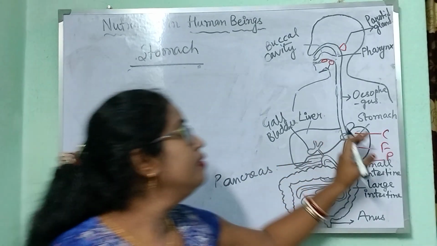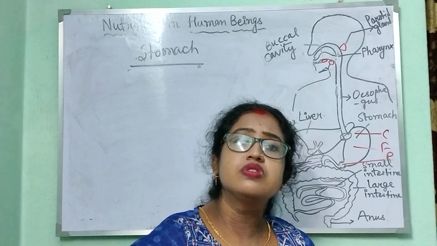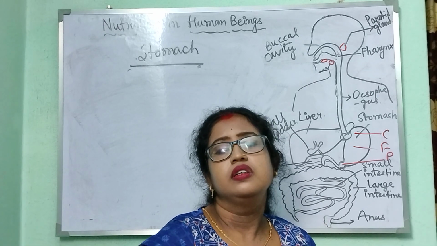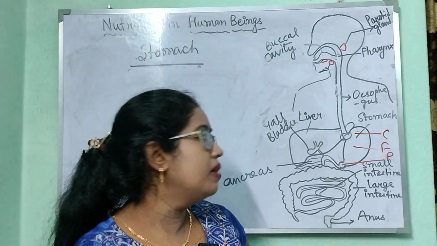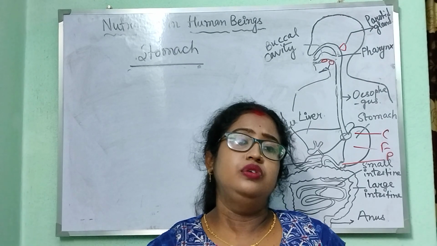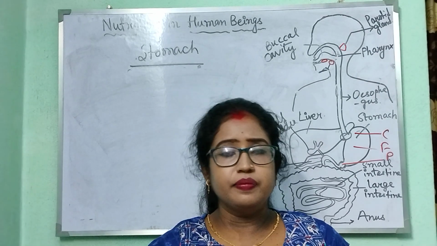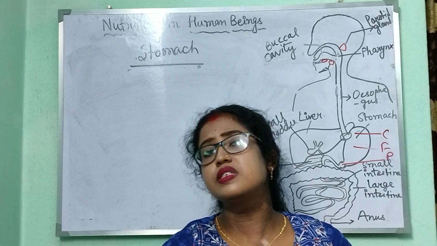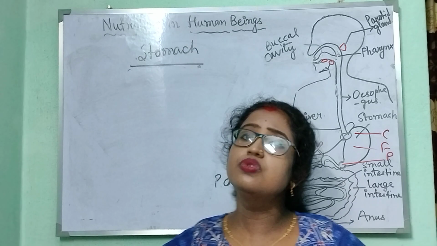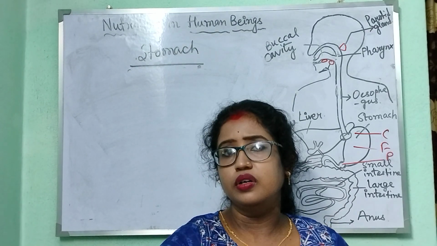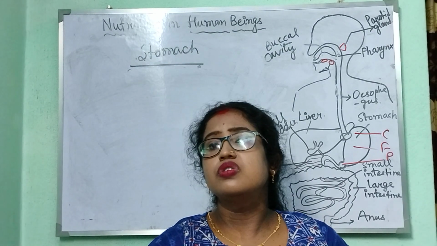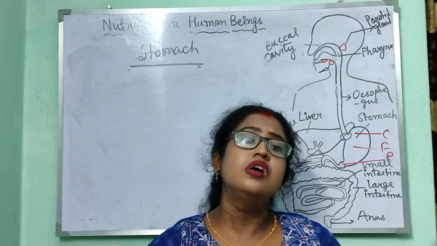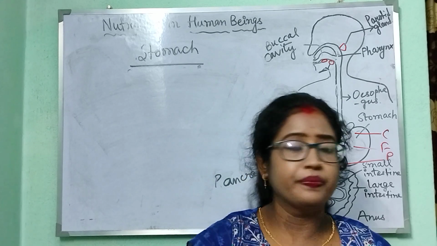The inner part of the stomach also has some muscles in it, so the stomach muscles help to mix the gastric juice with the masticated food, and they also help to churn the food and break down the food into simpler forms.